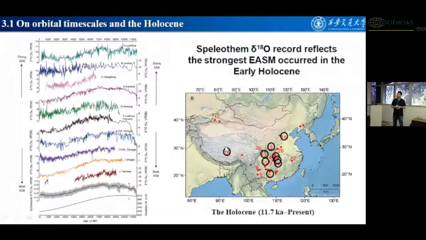For the Holocene period, this shows all the Holocene records from Eastern China. All the records reflect the strongest Eastern Asian summer monsoon occurred in the early Holocene.